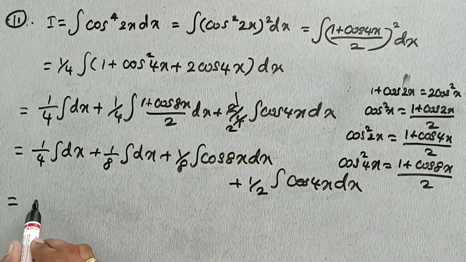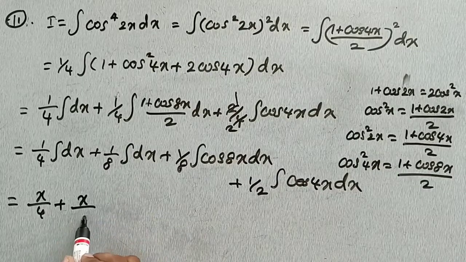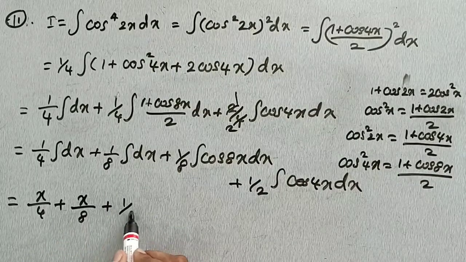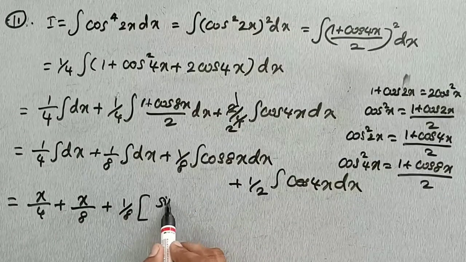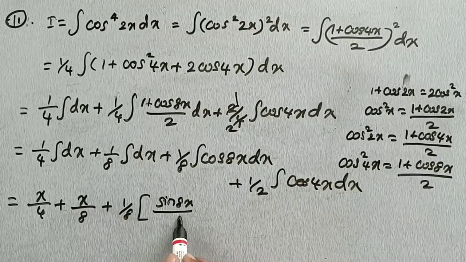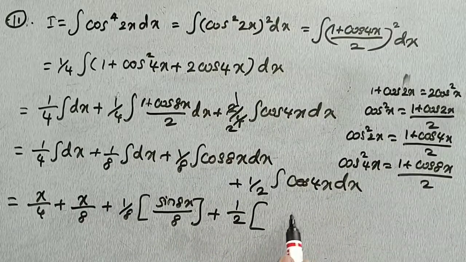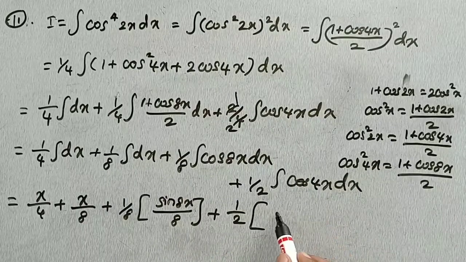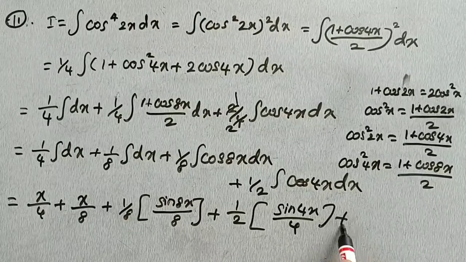Now integrating this we will get x by 4. Integrating this we will get x by 8, plus 1 by 8 into integral cos 8x equal to sin 8x divided by 8. Similarly 1 by 2 times integral cos 4x equals sin 4x divided by 4, plus c.